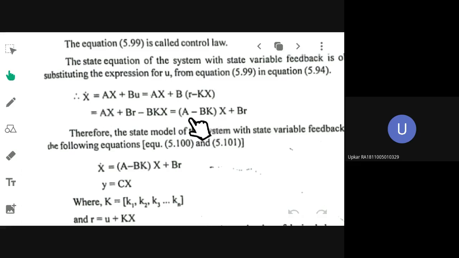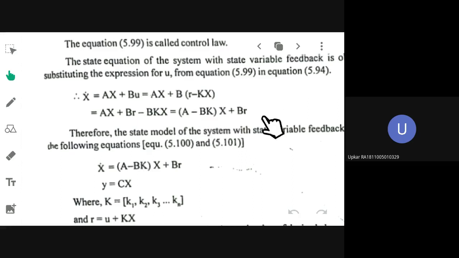In place of A, now you are having what parameter? Original state equation will be having only A here. Now that A is replaced by what parameter now in the new equation? A minus BK. A minus BK.